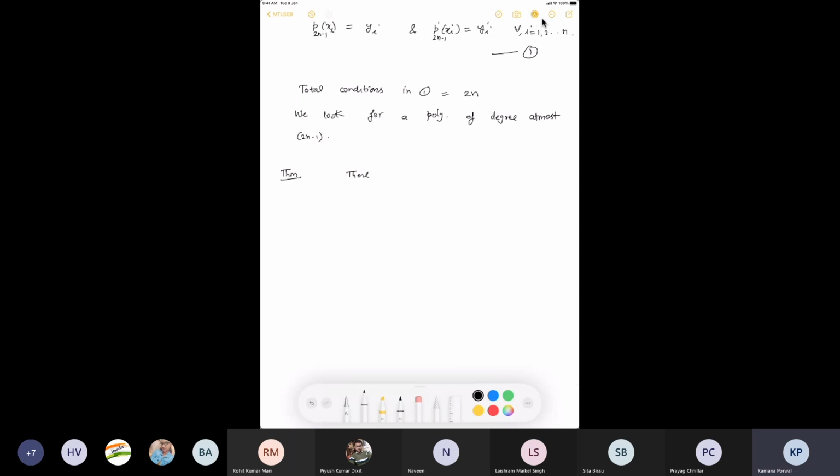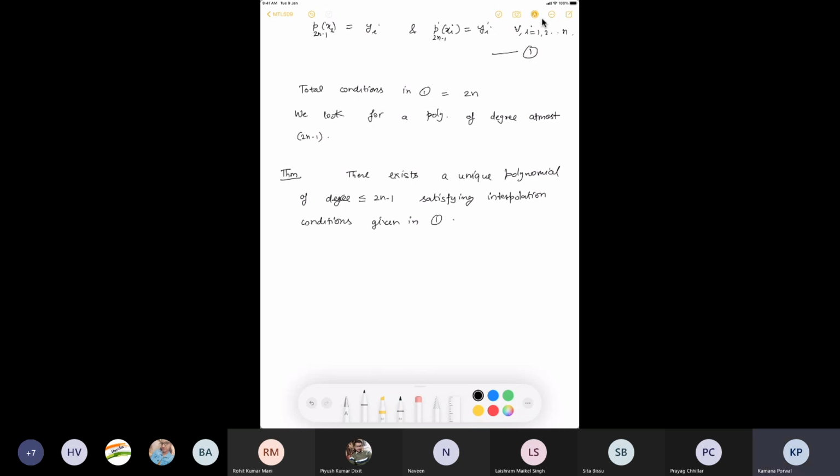We can prove that there exists a unique polynomial of degree less than or equal to 2n minus 1, satisfying the interpolation conditions given in 1.